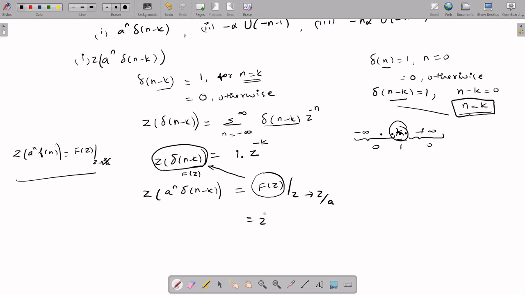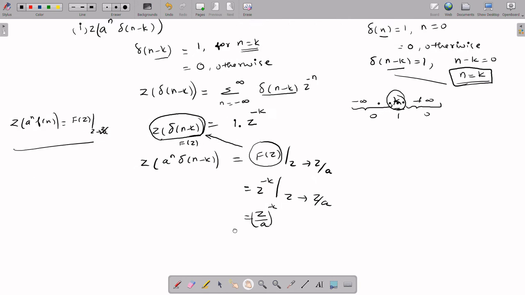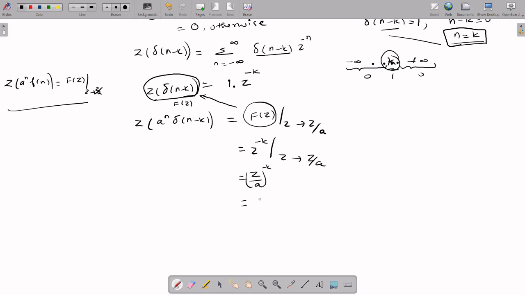So z power minus k, as z tending to z by a, this value is z by a whole power minus k, or otherwise you can write it as a by z to the power k, which is the z transform of a power n delta of n minus k. Is it clear? Now we pass on to the next problem.